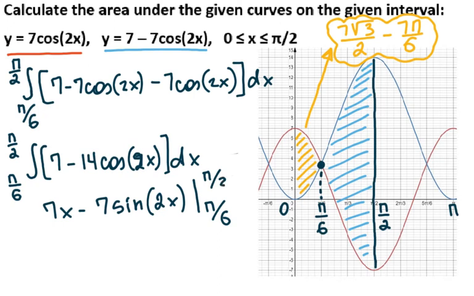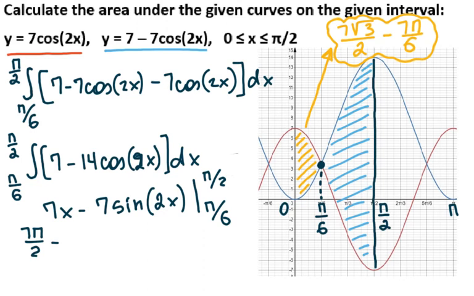Plugging in these values will give me 7 times pi over 2 minus 7 times sine of 2 times pi over 2, which is sine of pi, and that one is 0, so I can cancel this term. Now I'm going to plug in pi over 6.